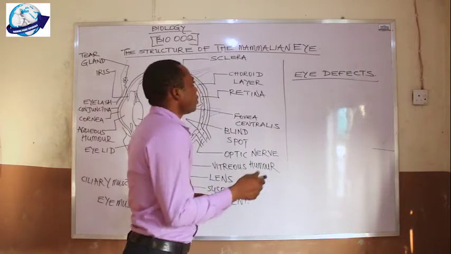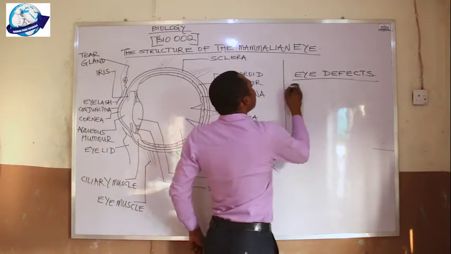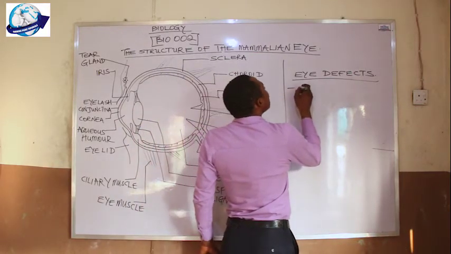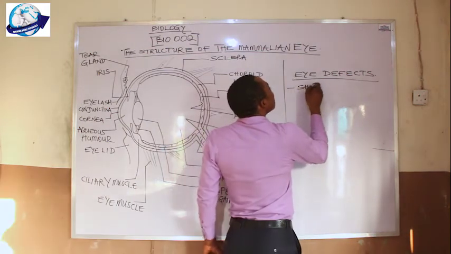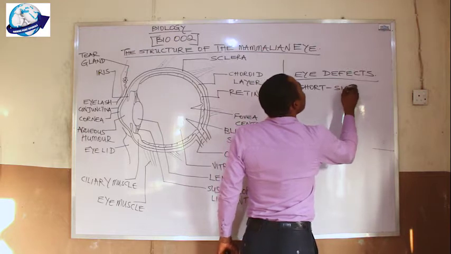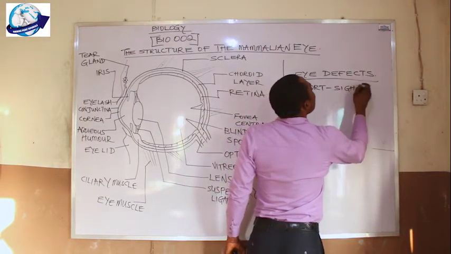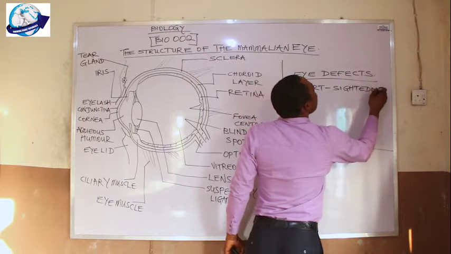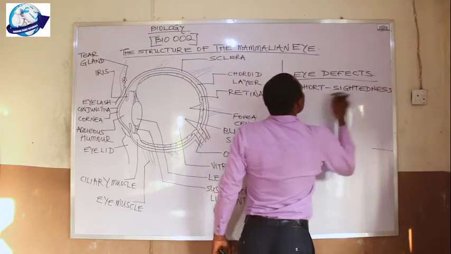Now we want to see several eye defects. One of them is the short-sightedness, also known as myopia.